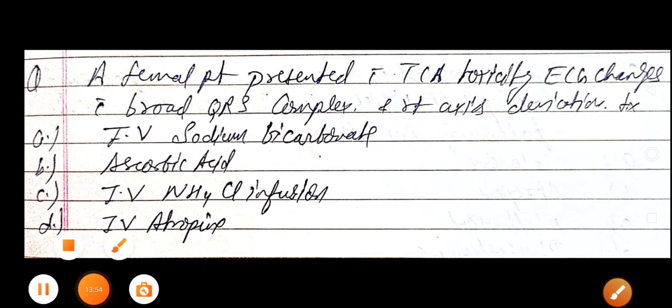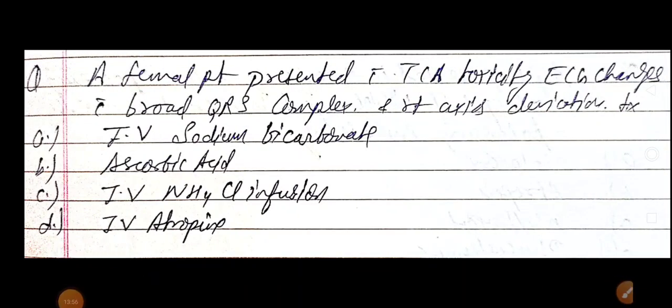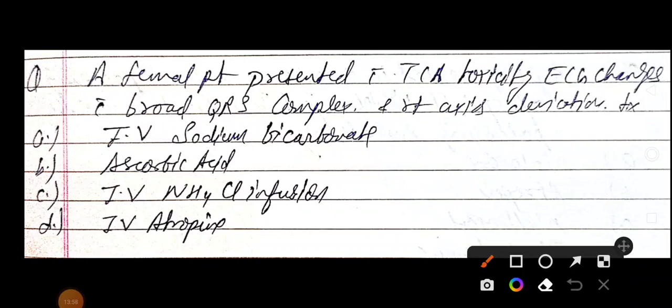Now, a female patient presented with TCA toxicity, ECG changes with broad QRS complex and right axis deviation. Treatment is IV sodium bicarbonate, ascorbic acid, IV NH4Cl infusion, or IV atropine. So guys, TCA toxicity, what is it? TCAs are acidic drugs, okay. So how to neutralize acid? Acid by base. The answer is IV sodium bicarbonate.